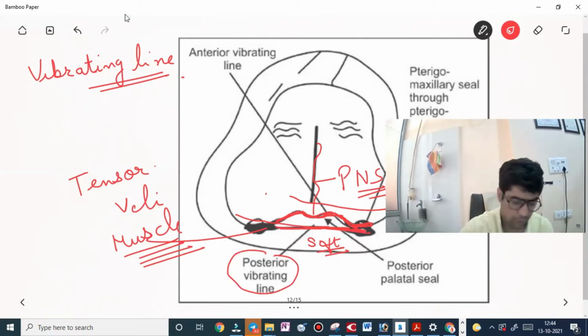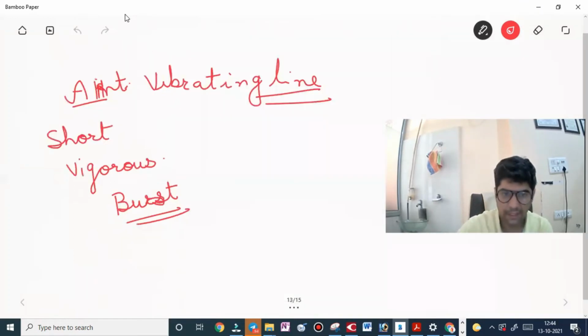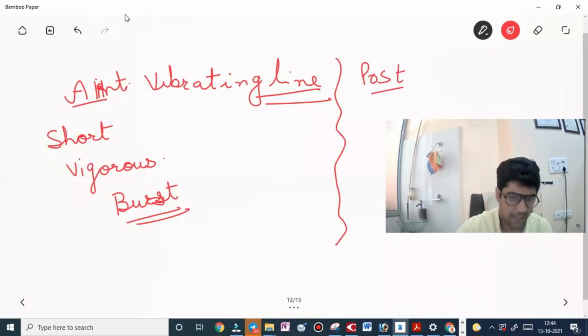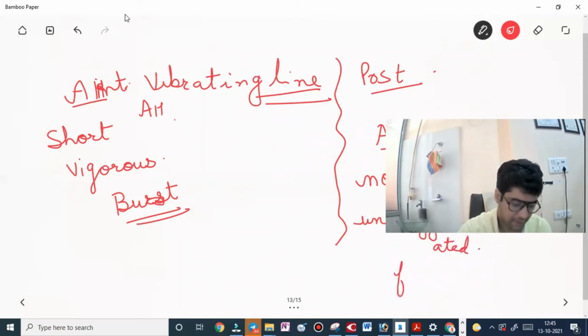So how will you locate the posterior vibrating line? Instruct the patient to say ah in a normal, unexaggerated fashion.